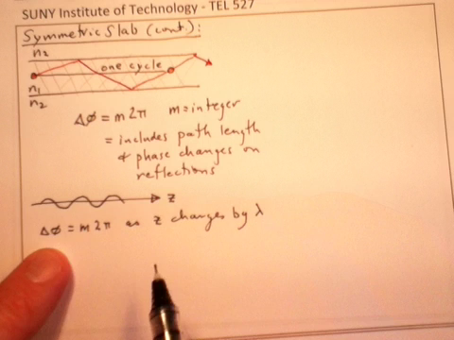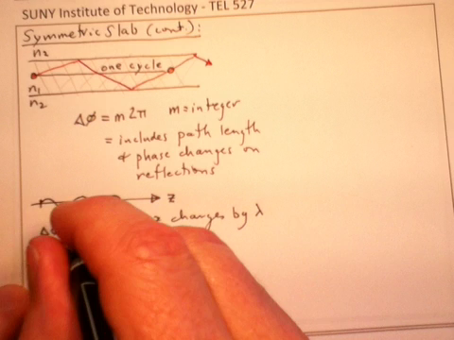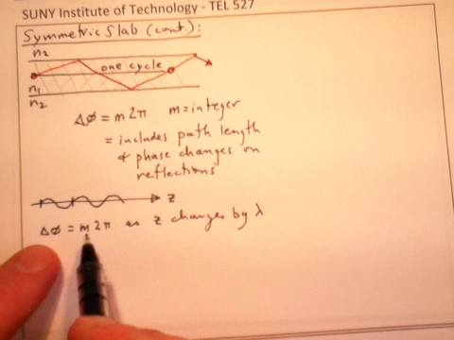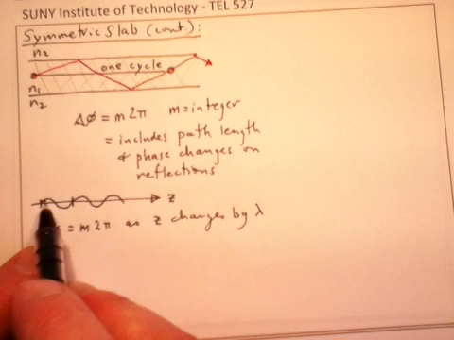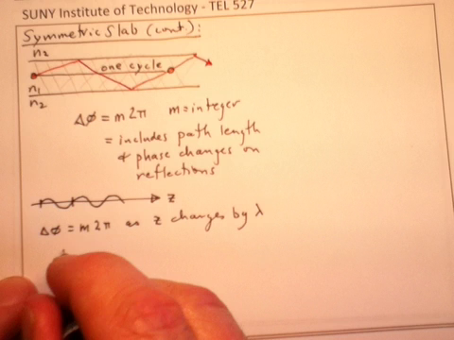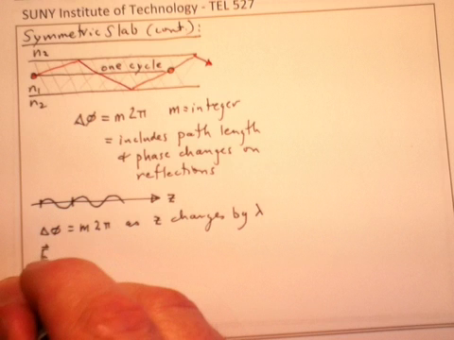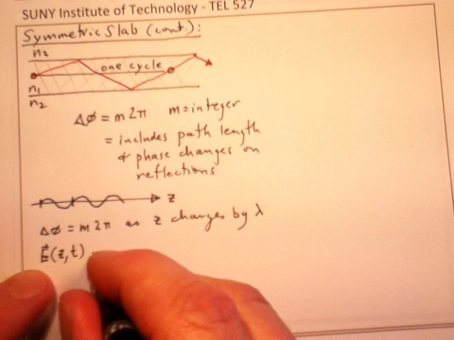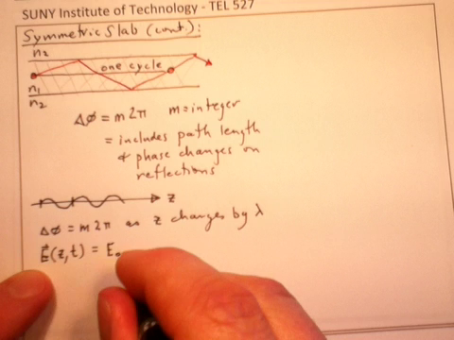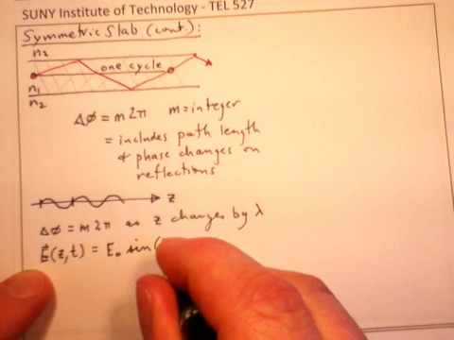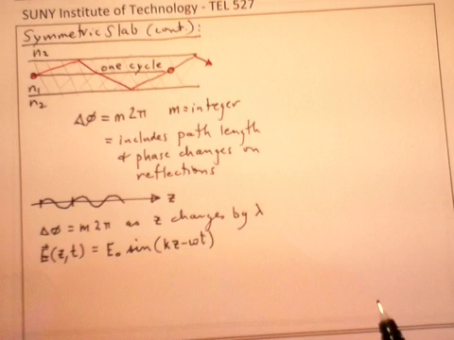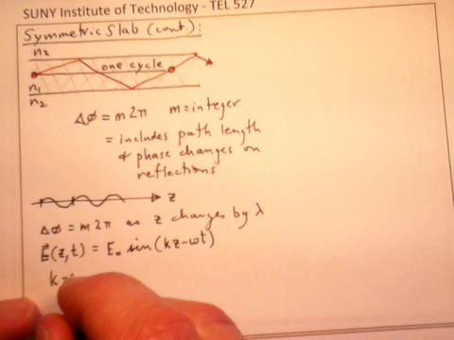So as we go in the z direction by one wavelength, our phase angle has incremented by 2 pi, and that can be seen by recalling E of z and t. The electric field is going to be some amplitude times the sine of kz minus omega t, where k is 2 pi over lambda.